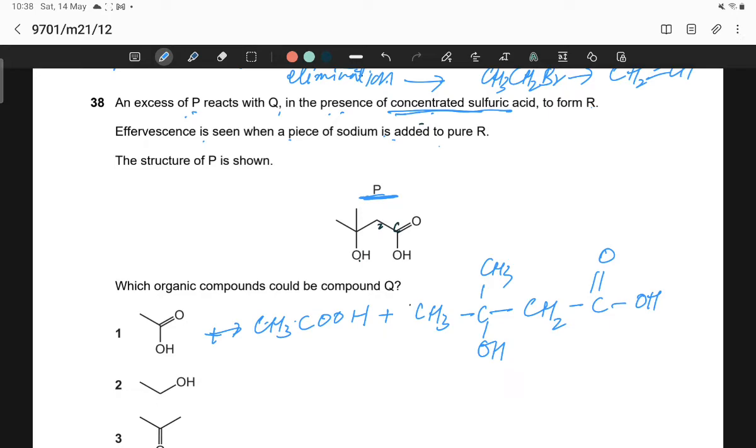When the alcohol reacts with carboxylic acid, an ester is formed, and when sodium metal is added, hydrogen gas is produced.